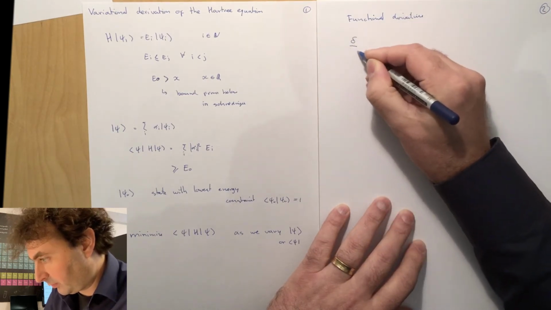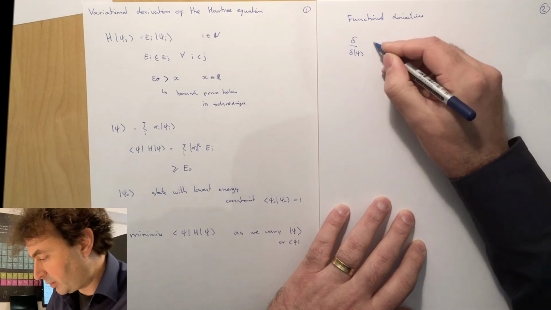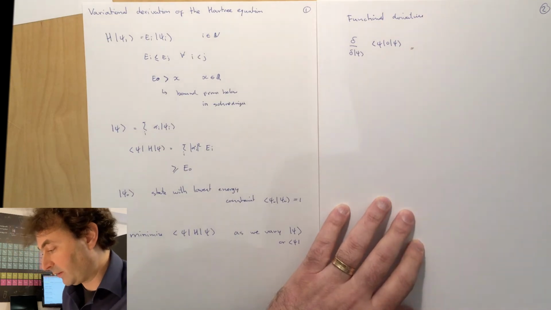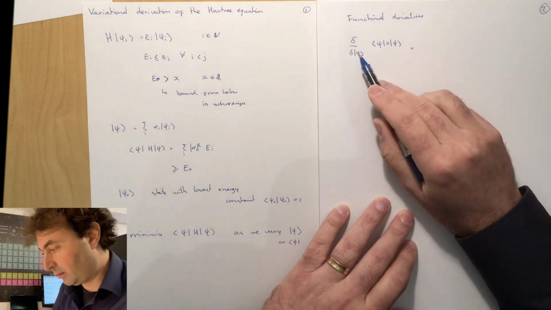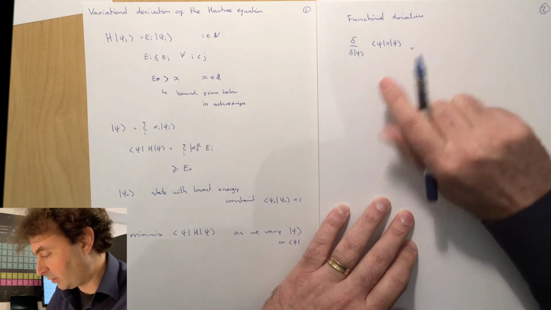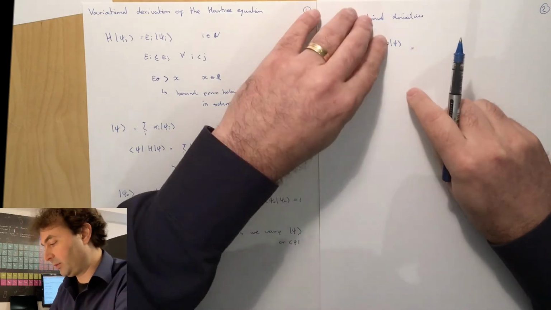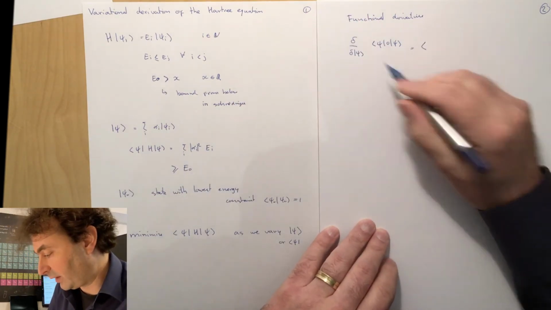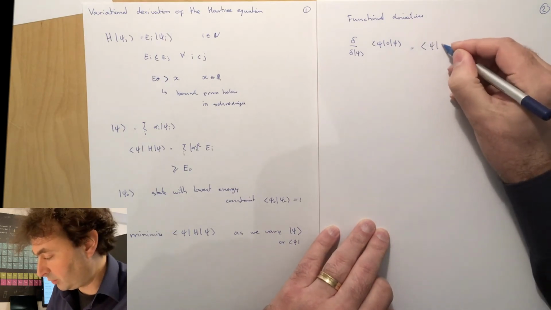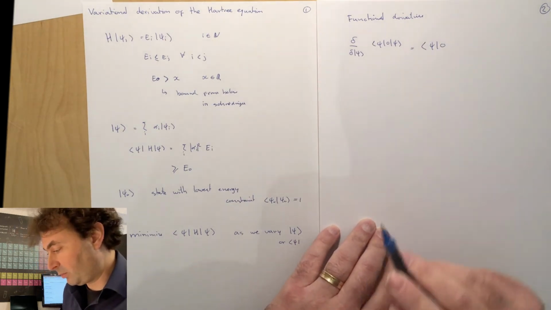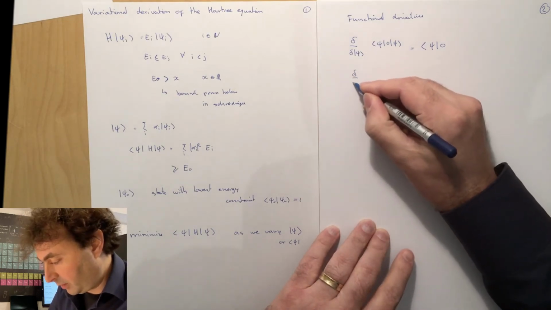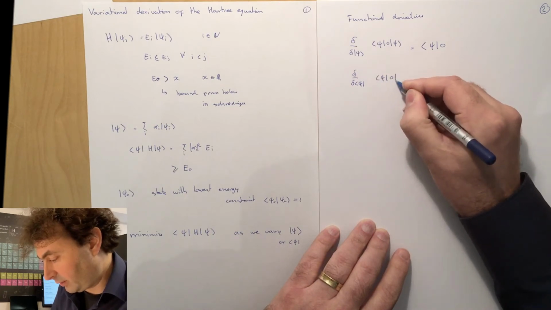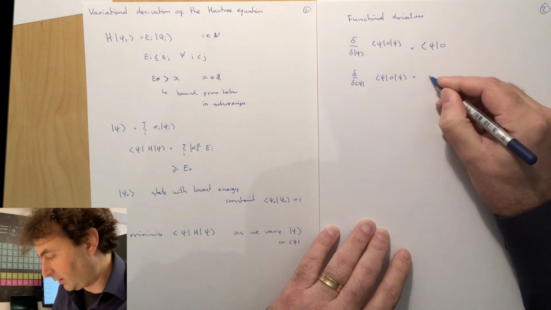And if we vary our wave function and look at the expectation value of some operator, then here we vary the ket factor, and as a result, if you take the derivative of x with respect to x, then it's just 1. So if you take the derivative of a ket with respect to a ket, then it is just 1. And what we have here is psi times the operator. And the same we can do, but now the derivation with respect to the bra, and that gives you O psi.